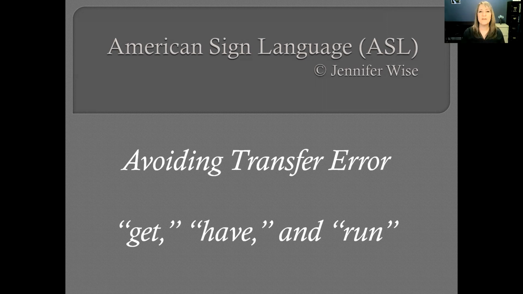So I've given you a few transfer error hints for avoiding transfer error and make sure you're signing the right thing. But today we're going to go into a little more detail with three specific English words that have different meanings and different signs that will help you, I hope, to understand transfer error a little better and be able to look for it when you're learning new signs.